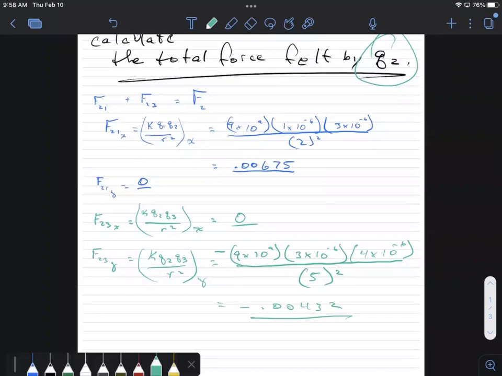All right, so now we have the x component and y component of the first force, I'm sorry, the force on 2 due to 1, and the x and y component of the force on 2 due to 3. And I know my original equation was, if I know F21 and F23, I add them together to get the total force on 2, which is what I want.